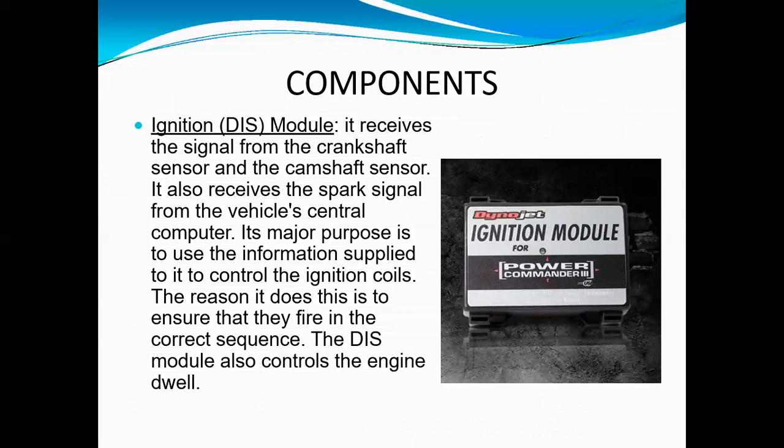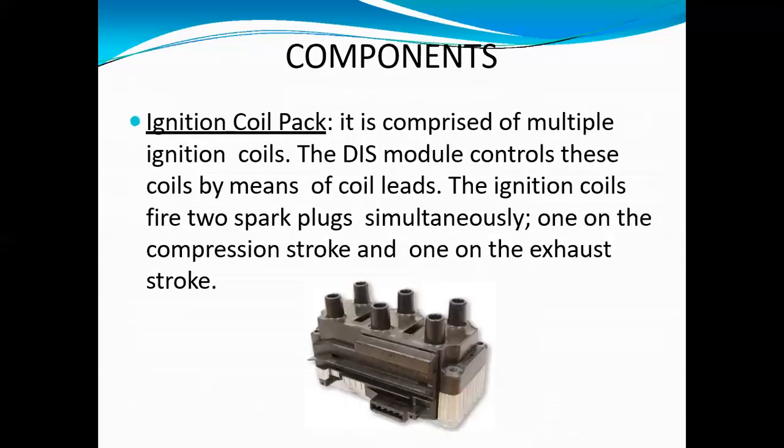The DIS module also controls the engine timing. Then the ignition coil pack. It is comprised of multiple ignition coils. The DIS module controls these coils by means of coil leads. The ignition coil fires two spark plugs simultaneously, one on the compression stroke and one on the exhaust stroke.